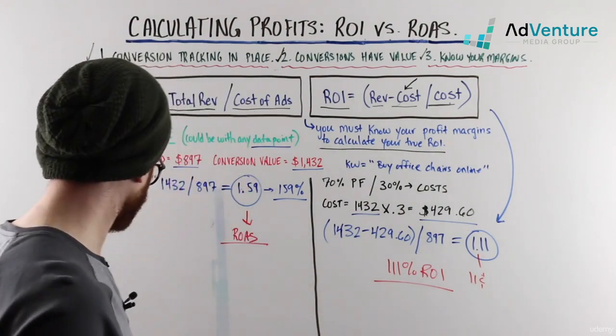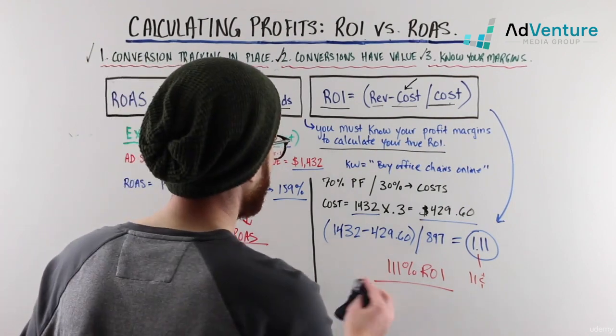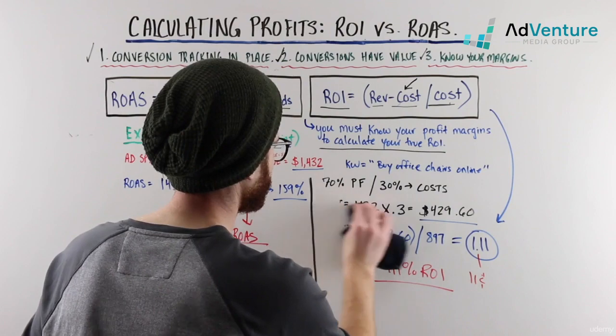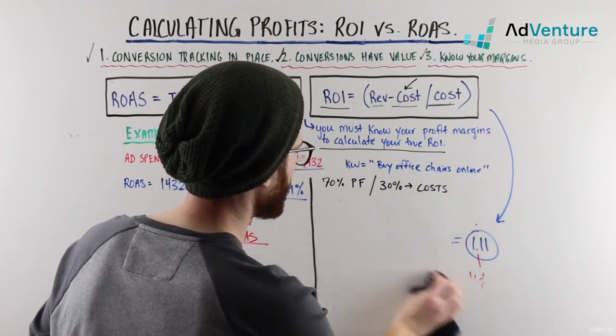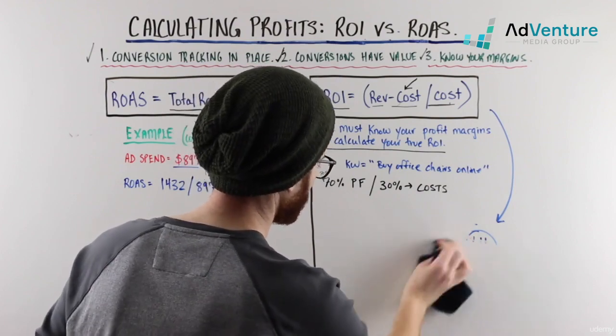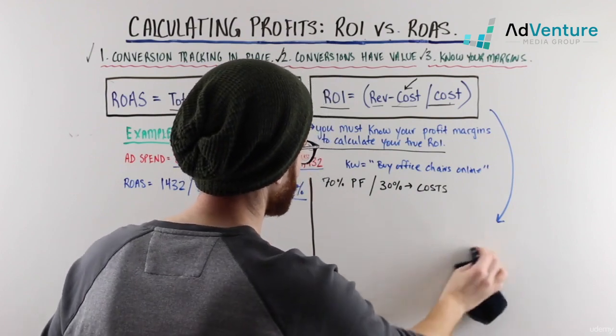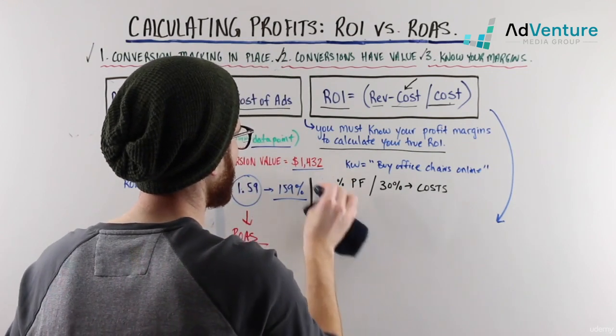And on that note, let's talk about a slightly different example, okay? Let me erase this here. Let's talk about a case where we actually have a lower profit margin. Let's say we're not as good of a business. We don't have the type of business that has 70% profit margins.